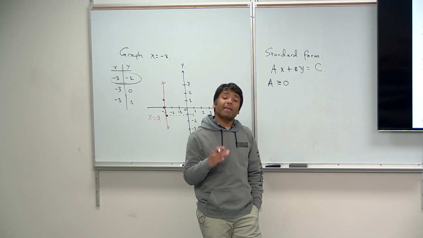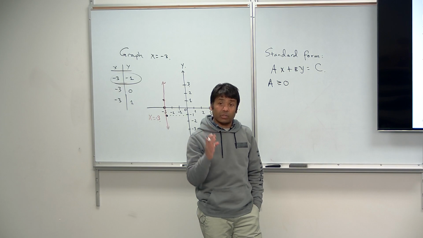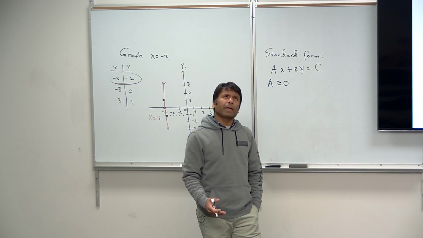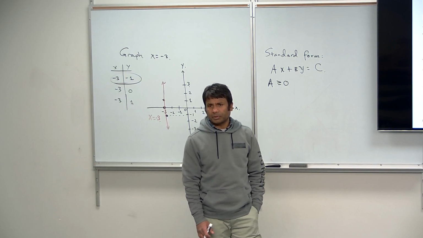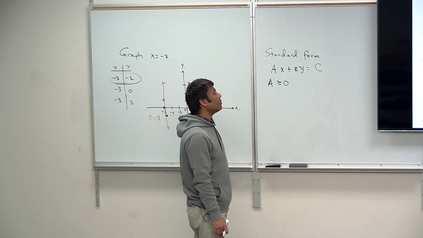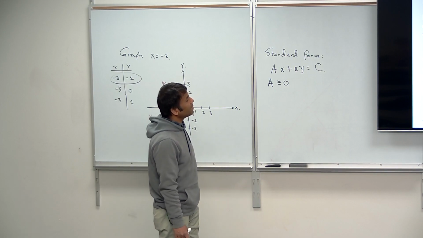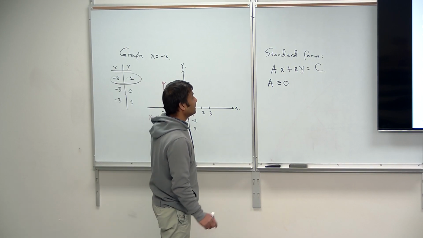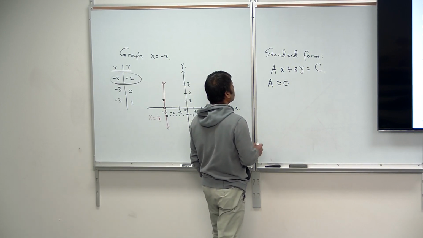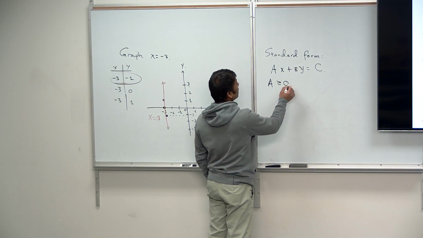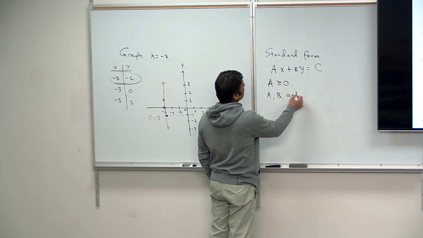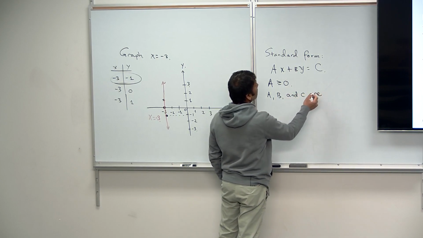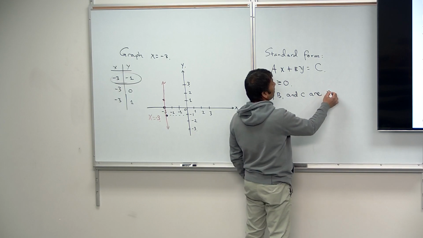And a, b, and c are integers, okay? But they are called relatively prime integers. So that means the greatest common factor of a, b, and c is 1. So a is greater than or equal to 0, and a, b, and c are relatively prime.